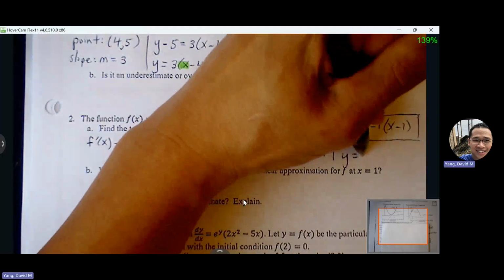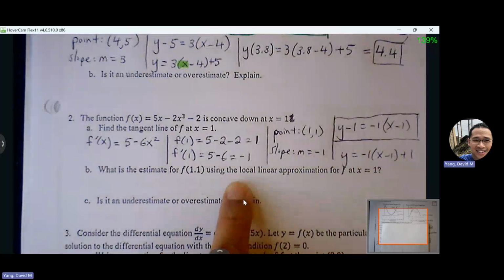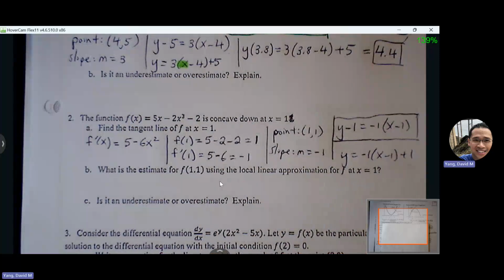Solve for y. We can use that to do our approximation.